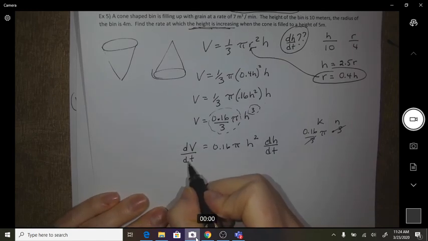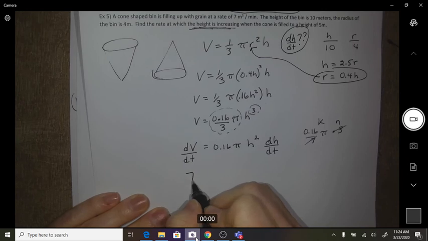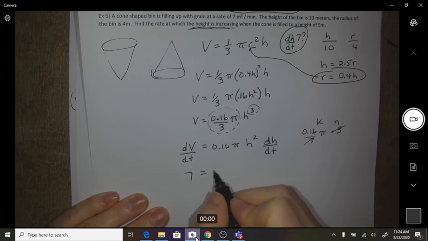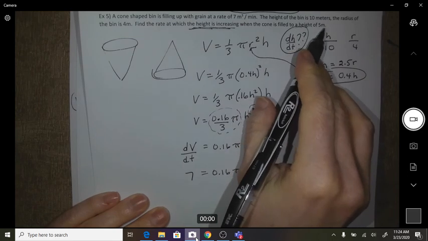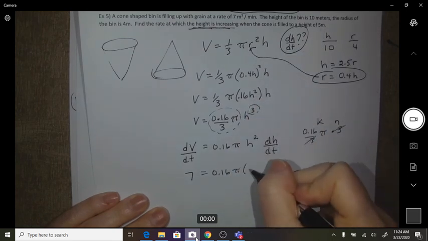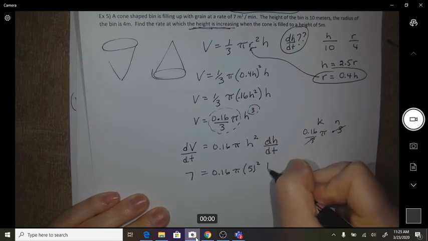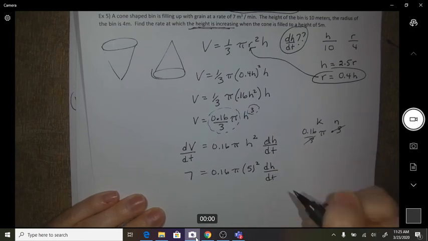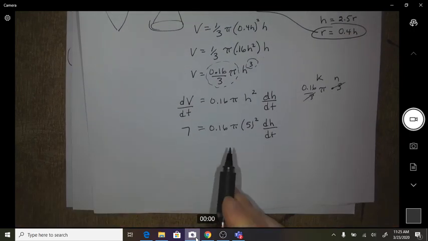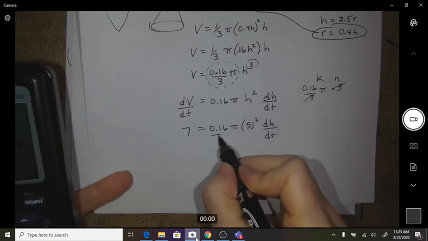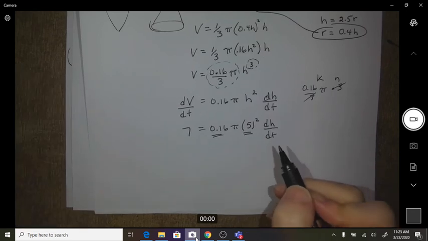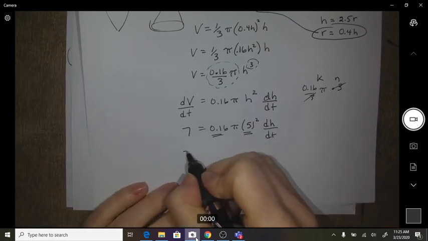Okay, so we know this rate. Volume is changing at that rate, when the height is 5, and we want to know how the height is changing. Okay, so 25 times 0.16, that times that is actually just 4.